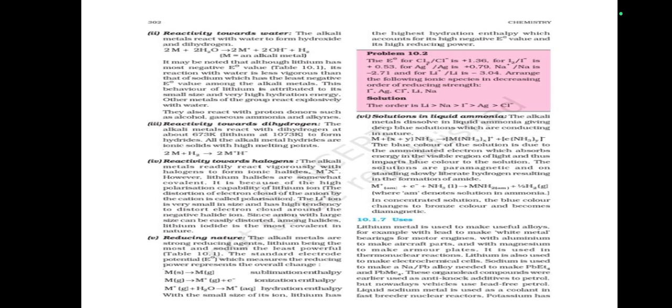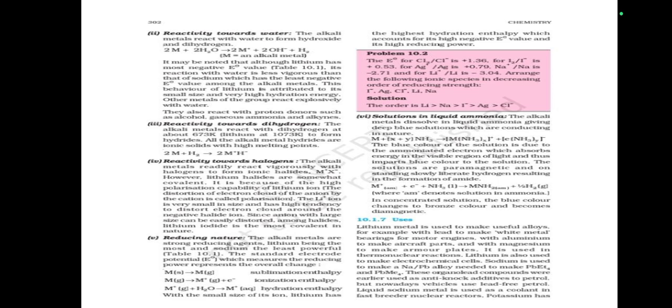Now, problem 10.2. The E for Cl2 to Cl negative is plus 1.36. For I2 to I negative is plus 0.53. For Ag positive to Ag is plus 0.79.